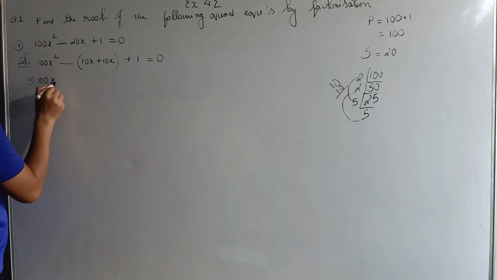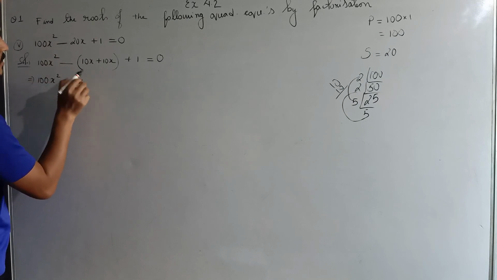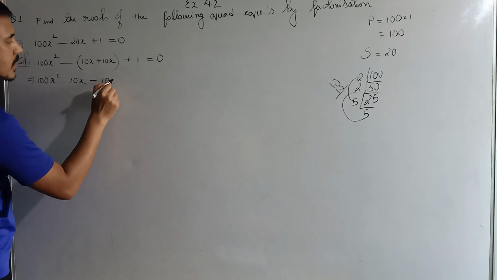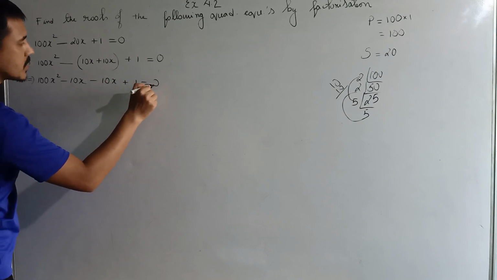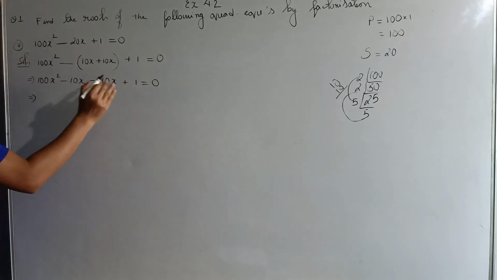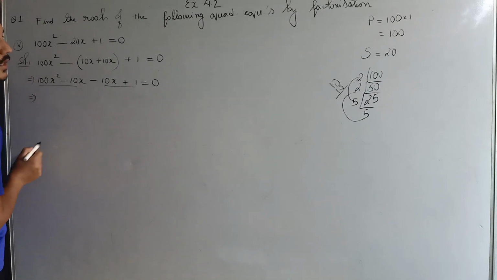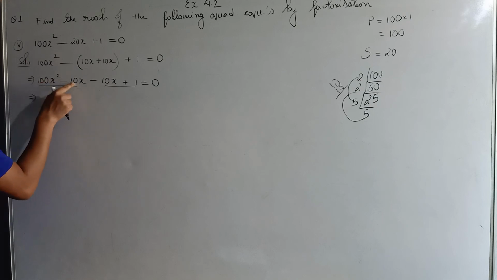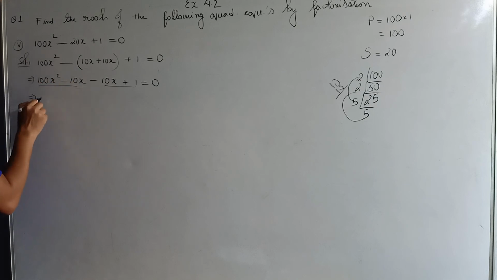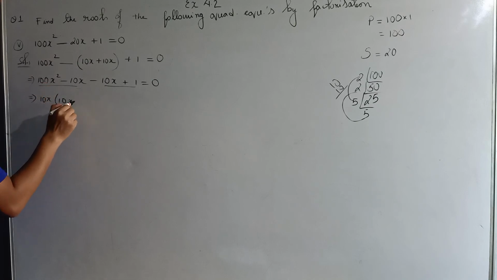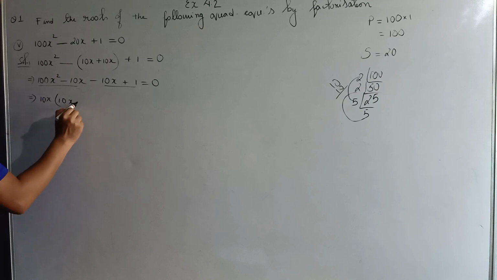So 100x squared minus 10x, minus plus minus 10x plus 1 equal to 0. So we have 4 terms. We can make them into 2 pairs, each pair containing 2 terms. From the first pair we have 10 in common and x in common, so we take 10x as common. 10 times 10 is 100, x times x is x squared, correct?